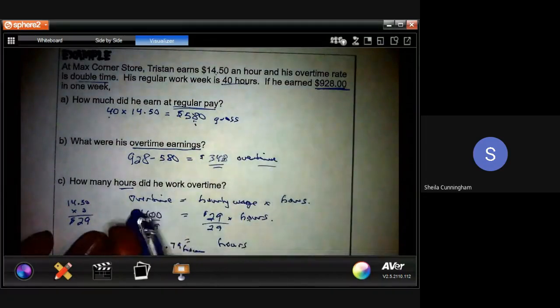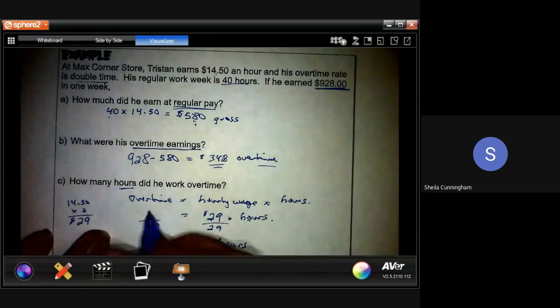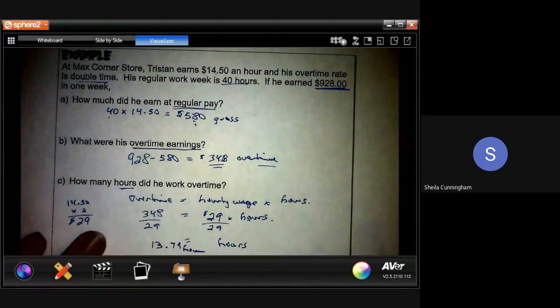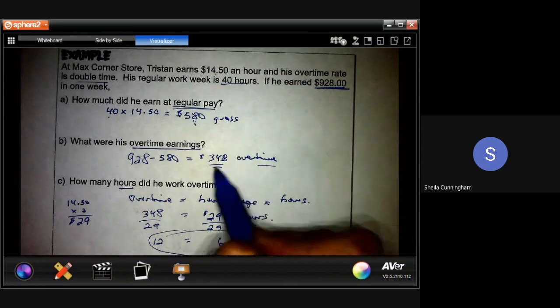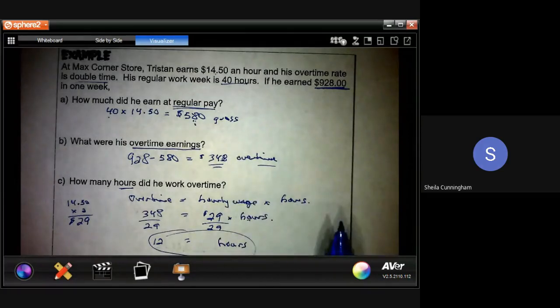How quickly a person can make a quick little error, hey? Okay, so basically take 348 divided by 29. That's better. He is actually working 12 hours. He's working 12 overtime hours to make that extra $348 in overtime money.